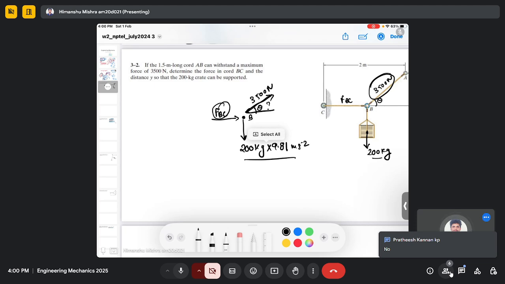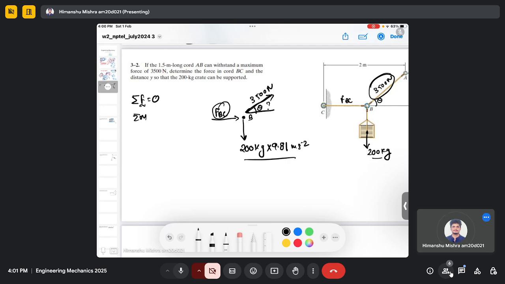So we will be using the equilibrium equations, which are: summation of force in both directions is 0 and summation of moment should be 0. This can be split into summation of Fx equals 0 and summation of Fy equals 0.